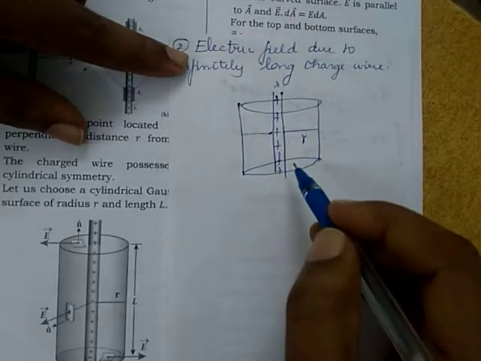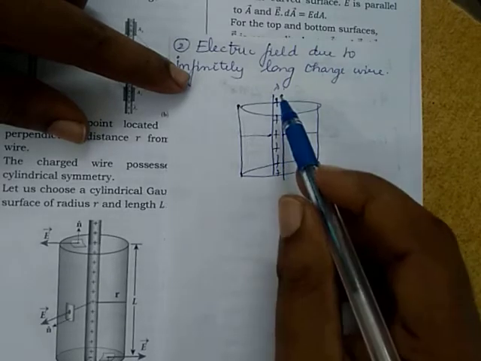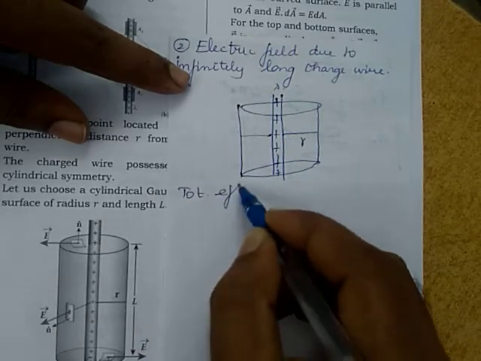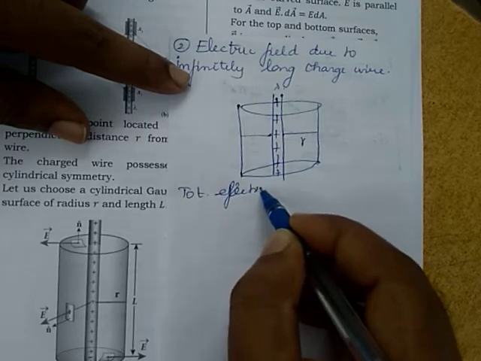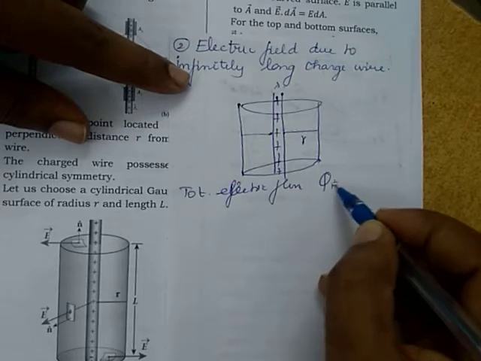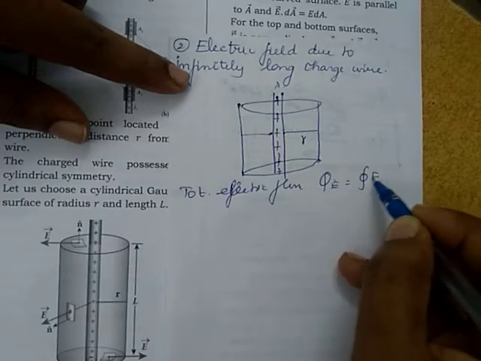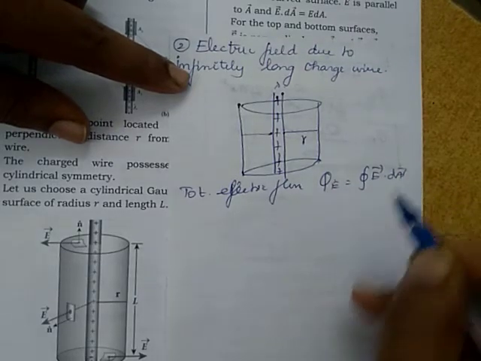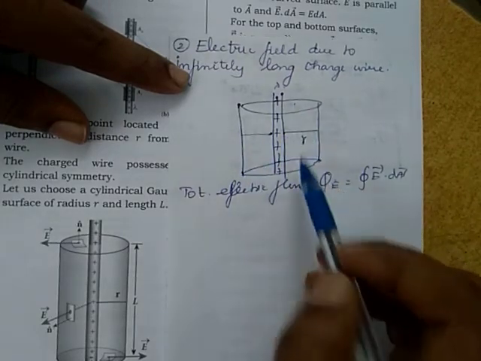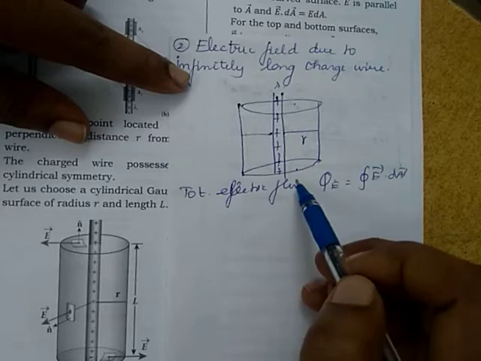Here it consists of 3 surfaces. In order to find the total electric flux, we know the formula phi E is equal to closed integral of E vector dot dA vector. One is the curved surface, the remaining 2 are the top surface and bottom surface.